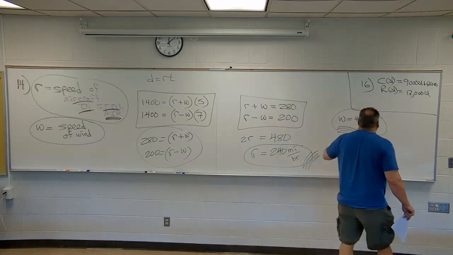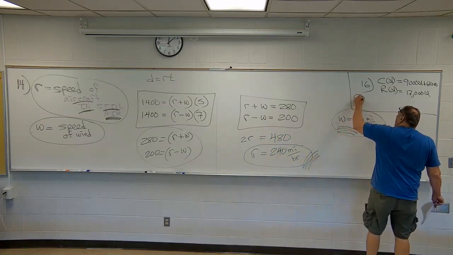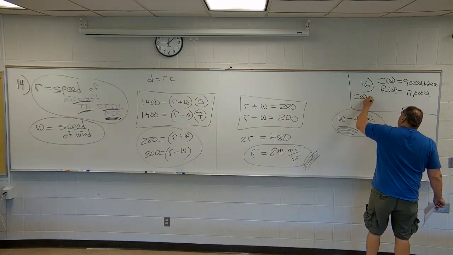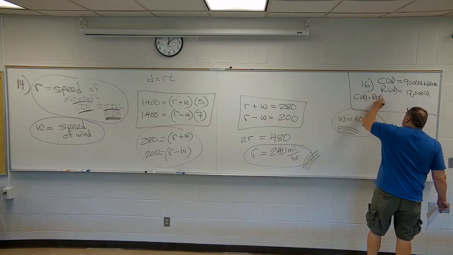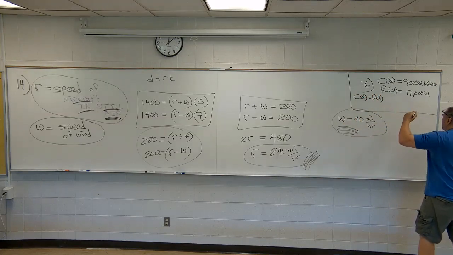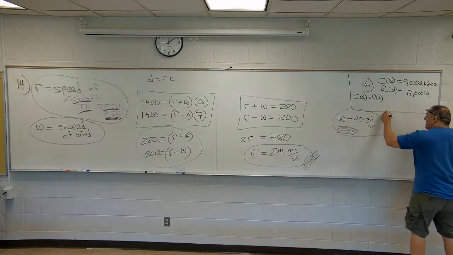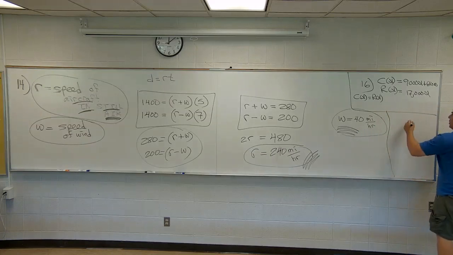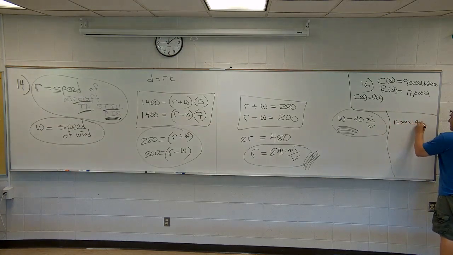The break-even point, you guys, would be where C of x would have to equal R of x. Remember, C of x would have to equal R of x, or R of x equals C of x, whatever, doesn't really matter. So let's put R of x in here. Let's put C of x in here.